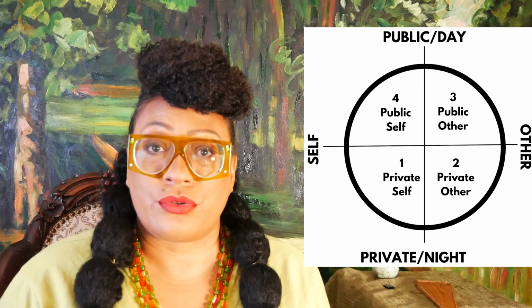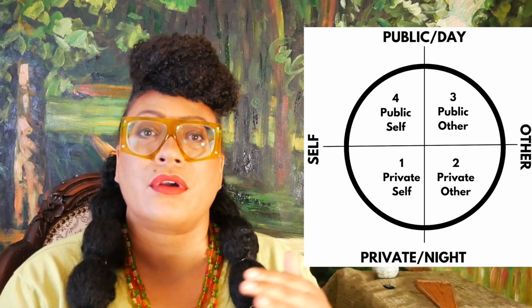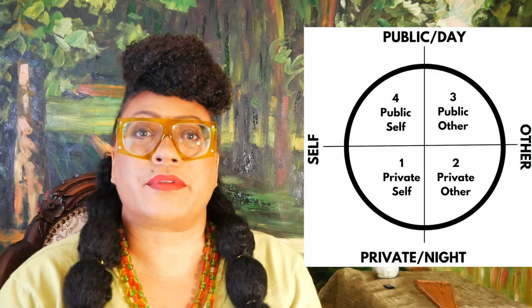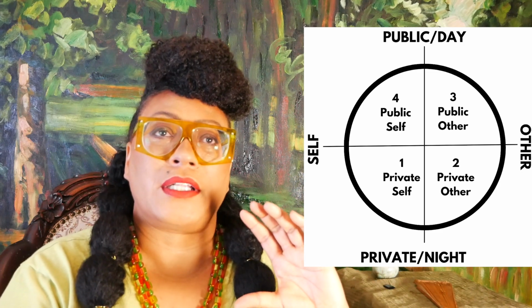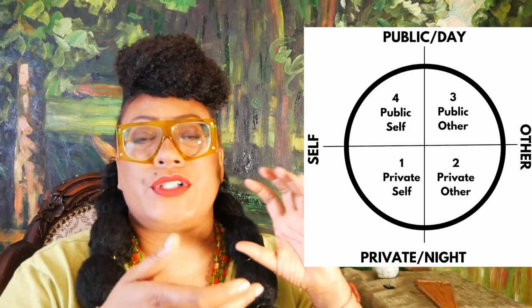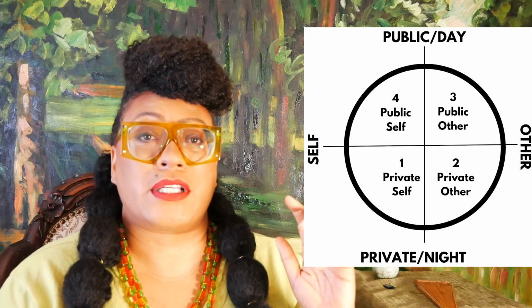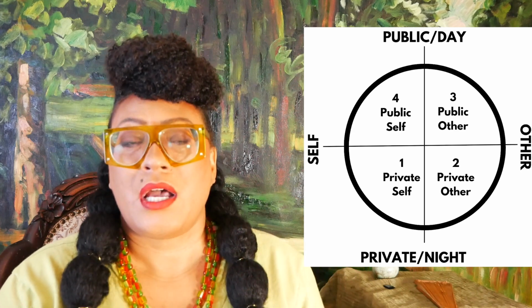And then we come to the third quadrant, which I think of as the public other quadrant. When I think of having a majority of planetary placements in this third quadrant, I think a lot about a life spent or an energy signature that is very much focused on understanding one's partnerships, both romantic and platonic.